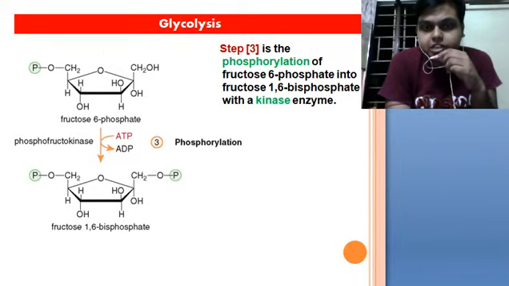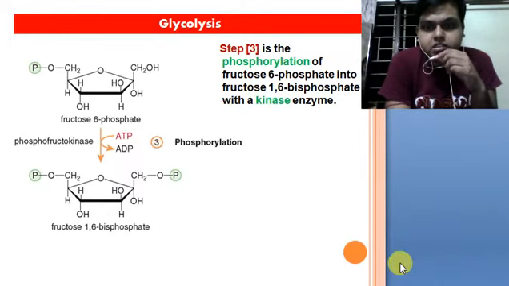In step 3, fructose 6-phosphate is converted to fructose 1,6-bisphosphate. In biochemical pathways we have the term bis, which indicates 2. So fructose 6-phosphate is converted to 1,6-bisphosphate, meaning 2 phosphate moieties enter the molecule, and ATP is converted to ADP.